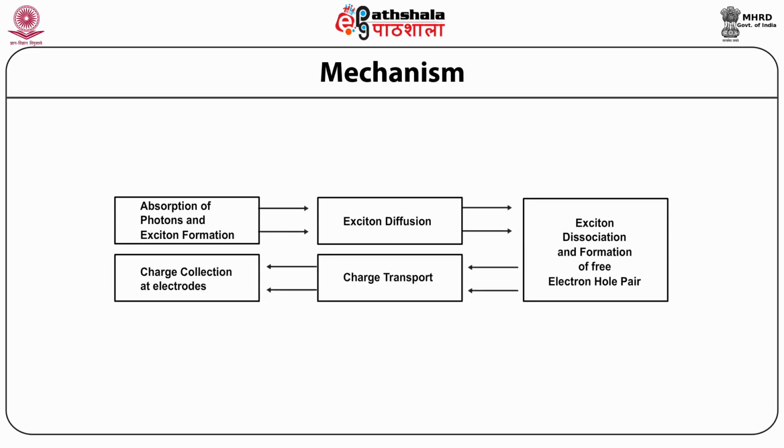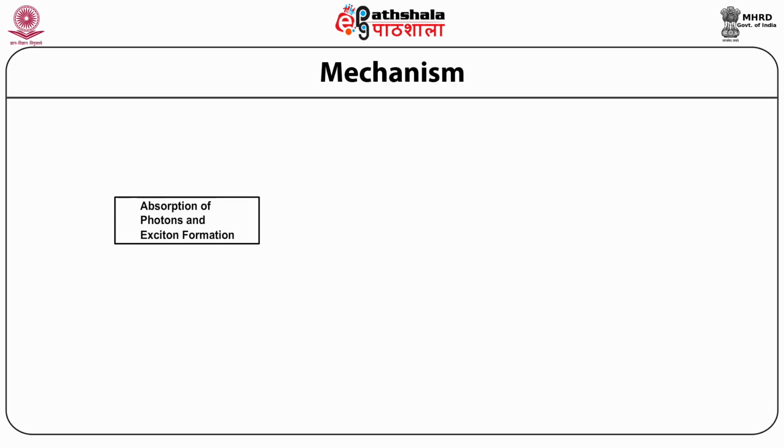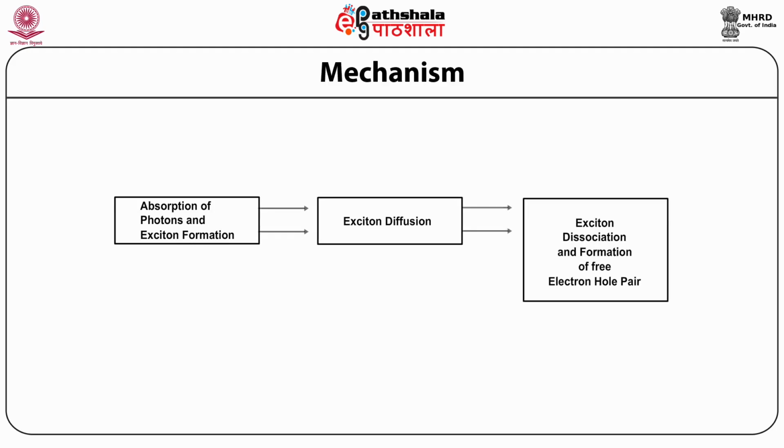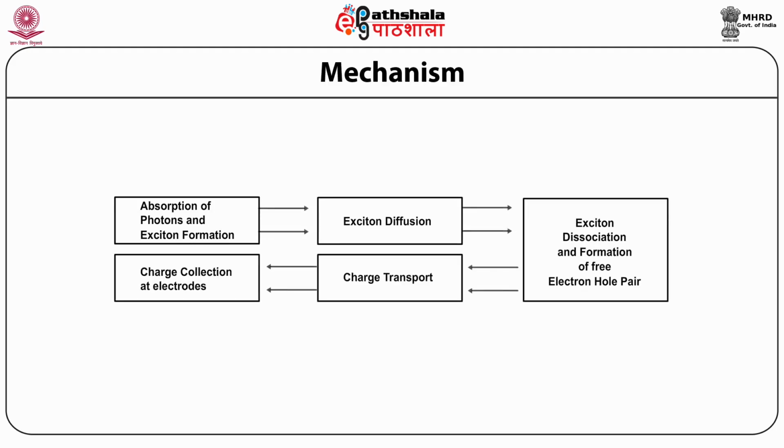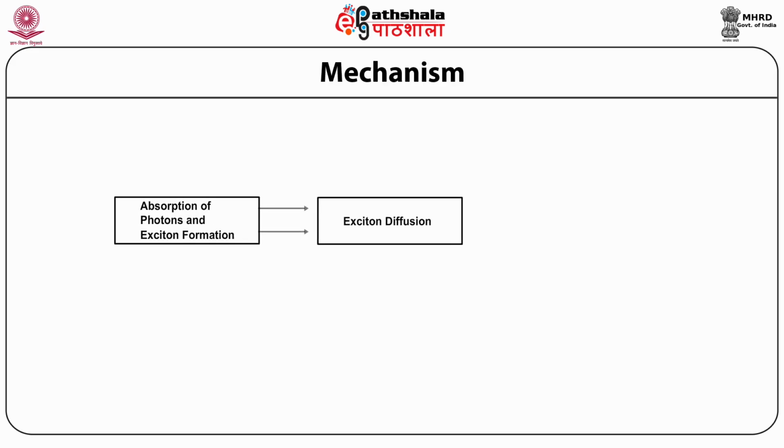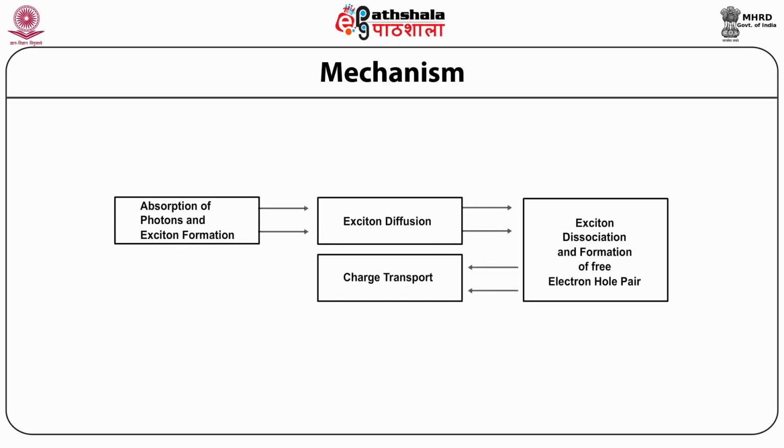This is shown by the third step in the block diagram. To increase the probability of dissociation, the time constant for dissociation must be smaller compared to the recombination rates.